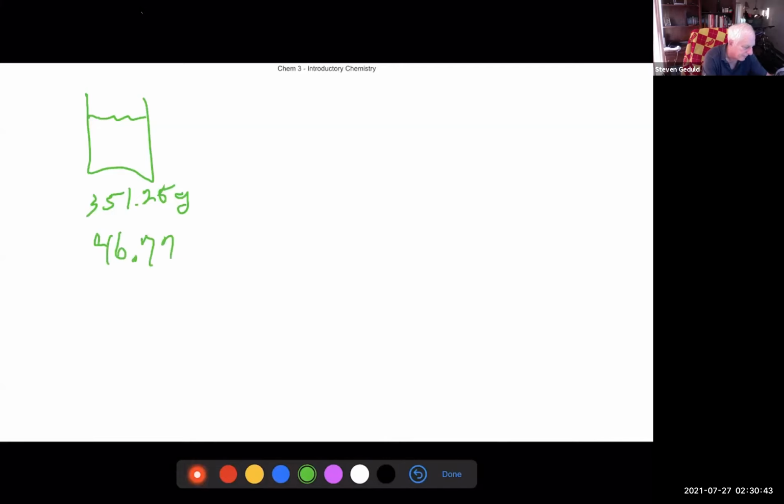So if the beaker weighs 46.77 and the whole thing weighs 351.25, the total mass of water is equal to 351.25 minus 46.77.